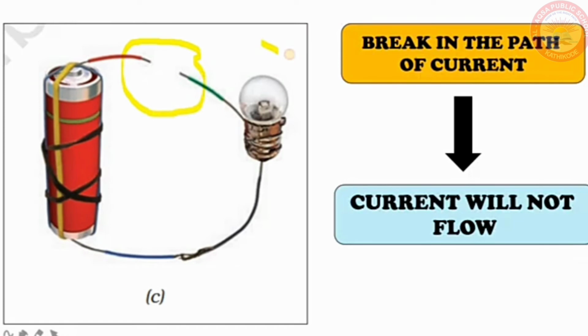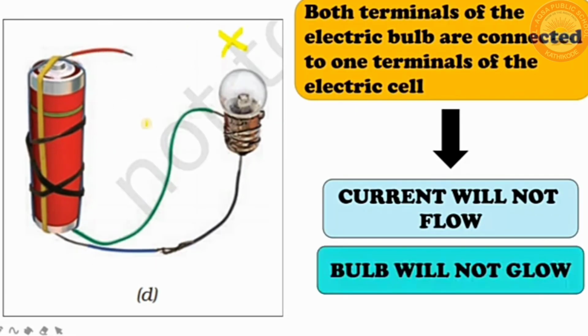Diagram C. Here also we can see a break in the path of current, so the current will not flow and the bulb will not glow. What about D? Here both terminals of the electric bulb are connected to one terminal of the electric cell.